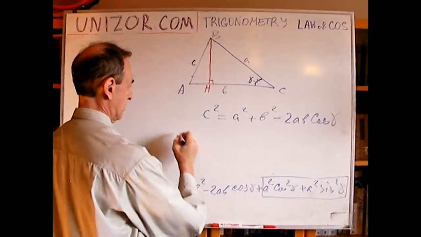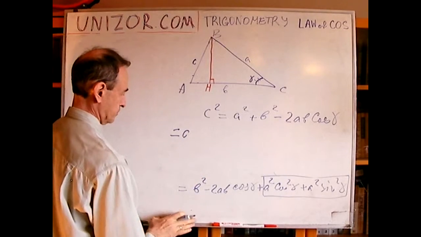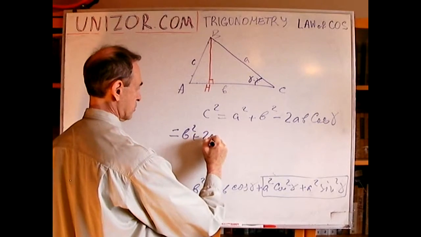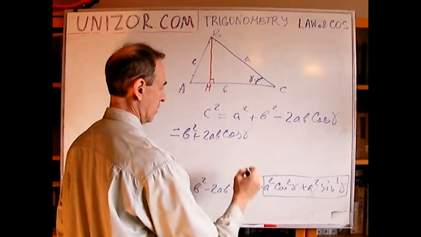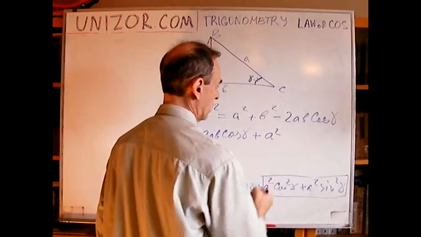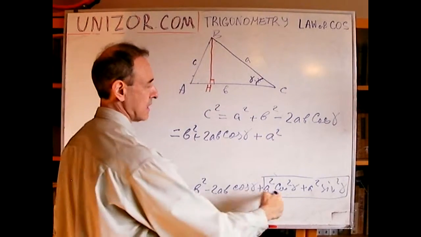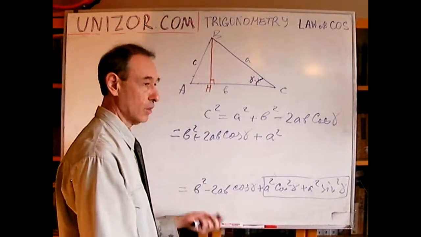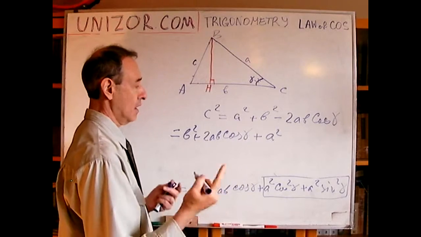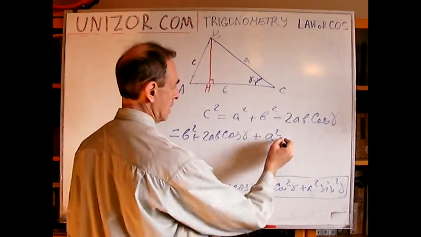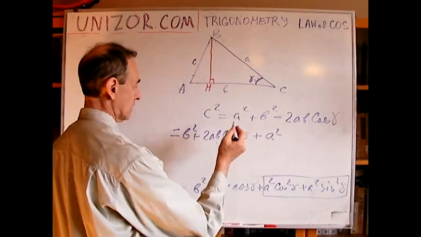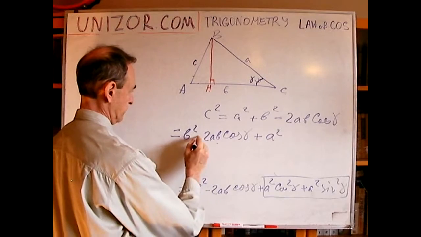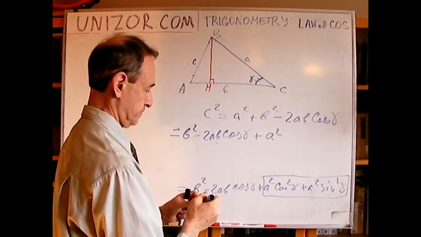Well, obviously, this is equal to b squared minus 2ab cosine gamma plus a squared, factor out, and what's inside? Cosine squared plus sine squared of the angle gamma. And we all know that this is equal to 1. This is the major fundamental identity of trigonometry. So I just leave a squared. And that's exactly, I'm sorry, it should be minus here. This is minus. Which is exactly what I need here.